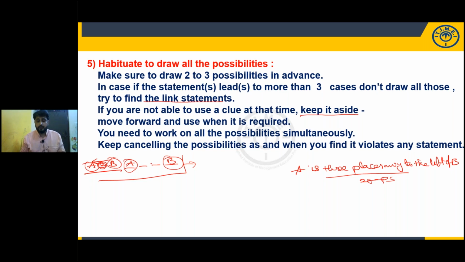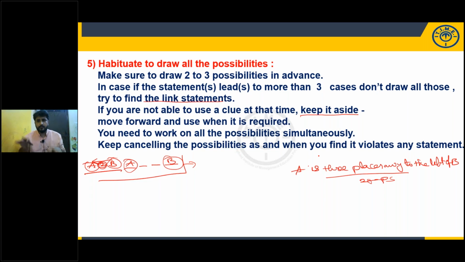And you need to work on all the possibilities simultaneously. Sometimes most students think that whatever possibility they are doing is correct, and they start doing that. When they reach the last clue, they may find that arrangement is wrong. Then again they have to start from another arrangement, another possibility. It should not be like that.